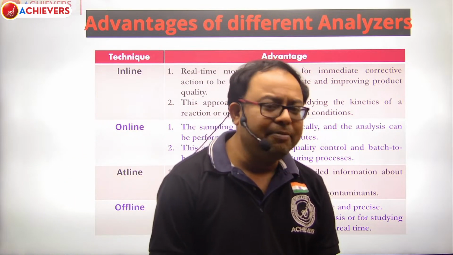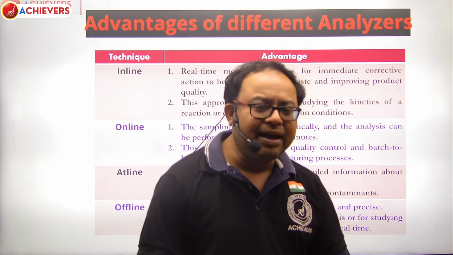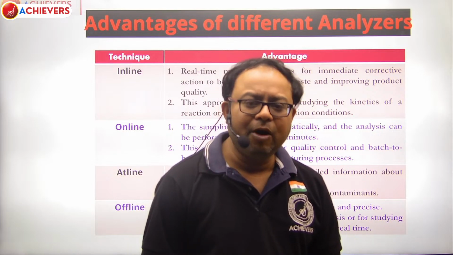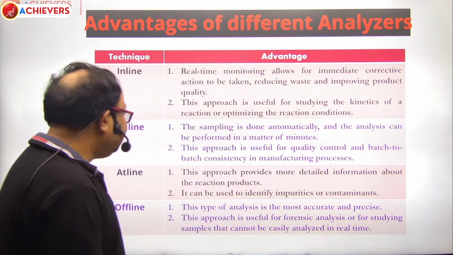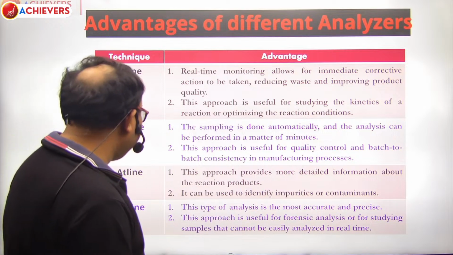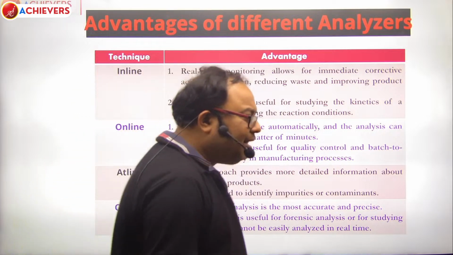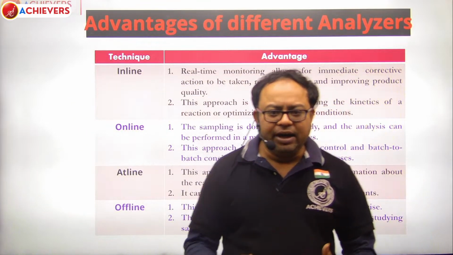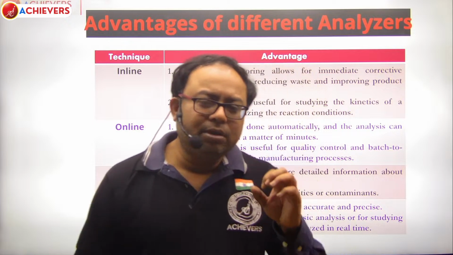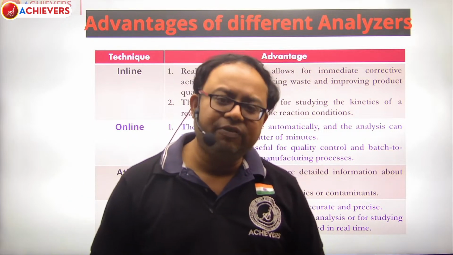So it's not time consuming. Instant results will be obtained. This approach is useful for quality control and batch to batch consistency in manufacturing process. Since the time scale is very low, the process of quality control becomes very easy.